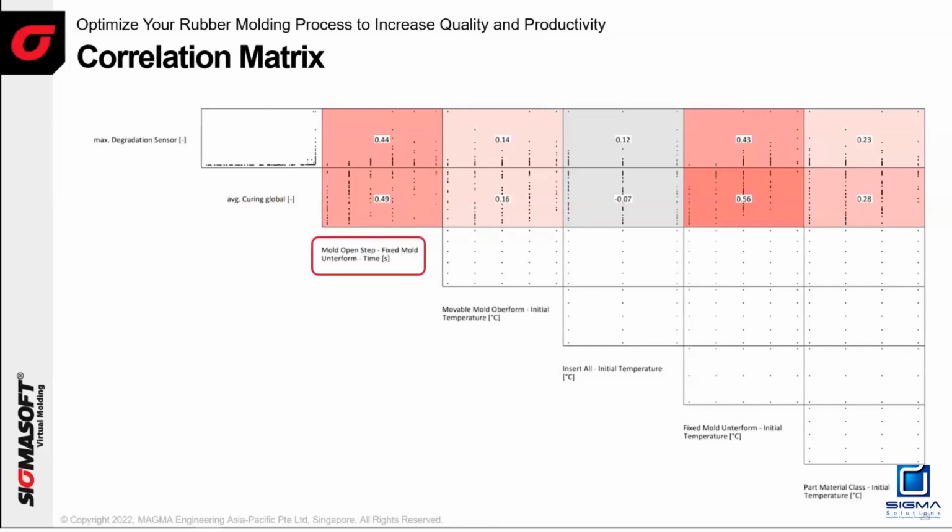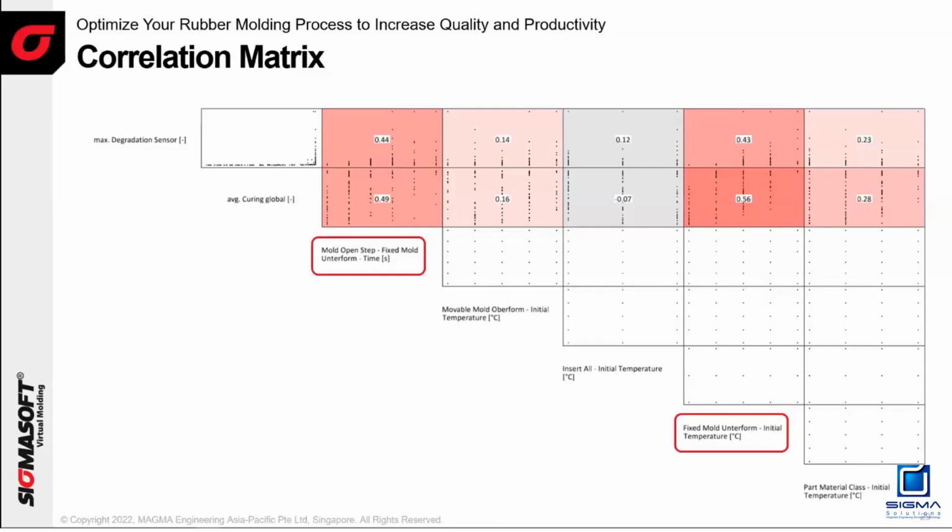When you see red color, it means the correlation is higher. You're supposed to put more focus on these factors: the fixed mold temperature, and the time are really important factors for our process.